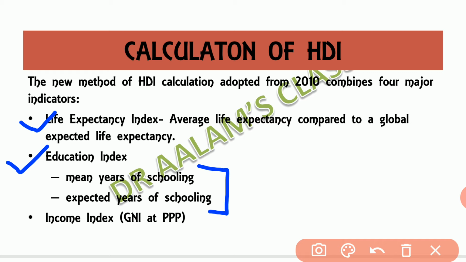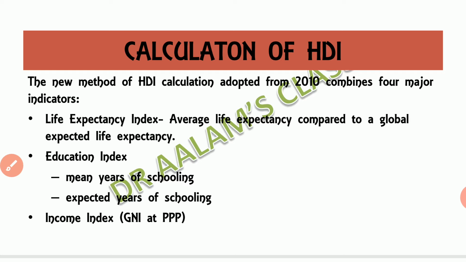And the third one is income index. This income index is taken in PPP term to enable cross-country comparisons, because per capita income is adjusted for PPP term, reflecting the relative purchasing power of the currency.